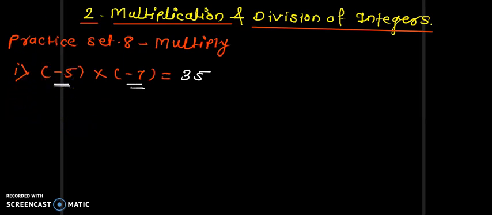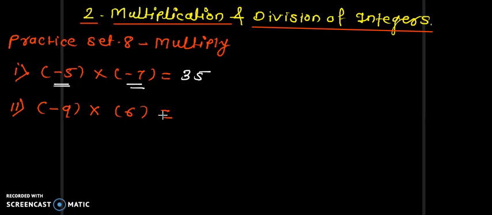Question number second. Minus 9 into plus 6 is equal to... the product of one negative integer and one plus integer is a negative integer.